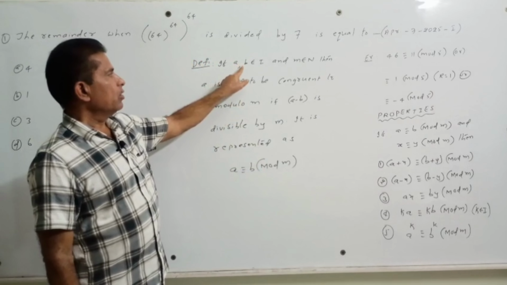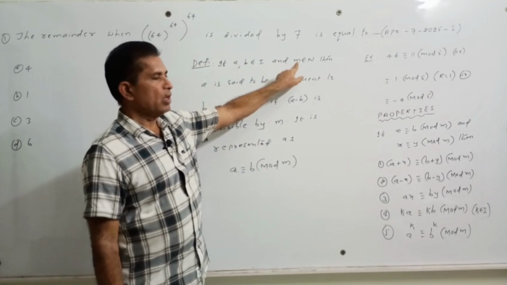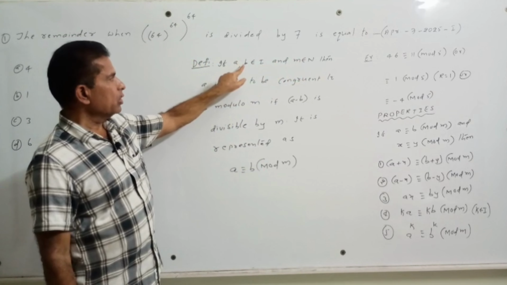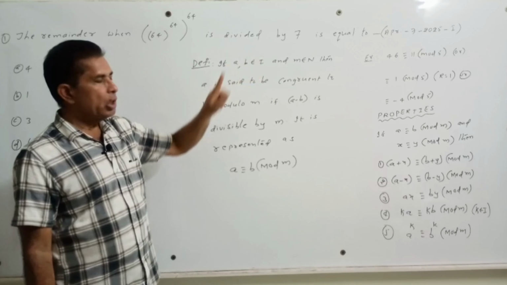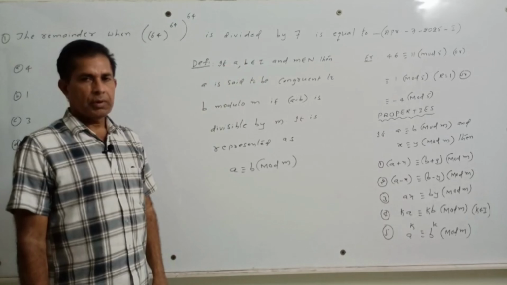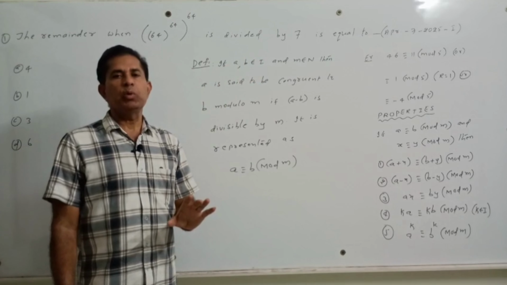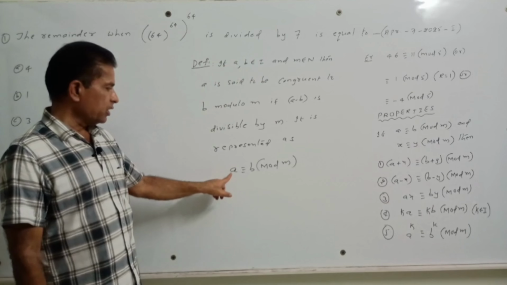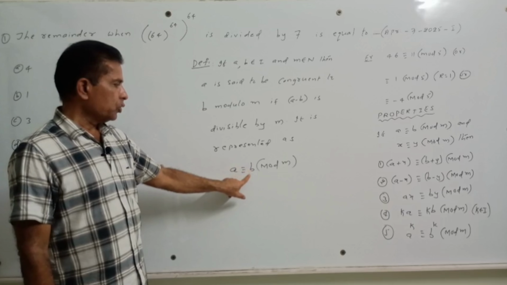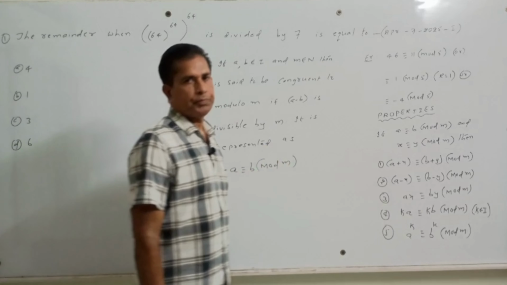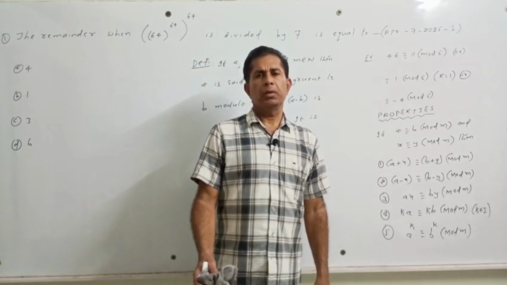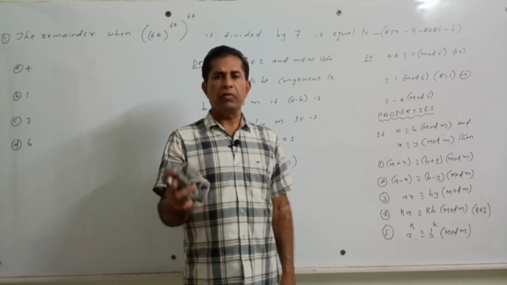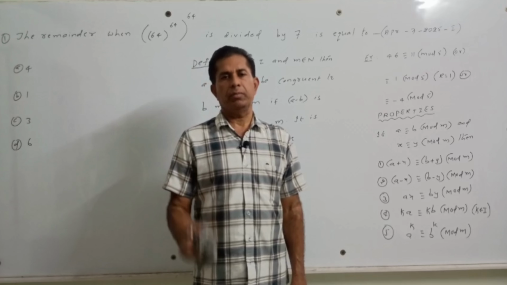If a, b are integers and m is a natural number, then a is said to be congruent to b modulo m if a minus b is divisible by m. That is mathematically represented as a ≡ b (mod m).